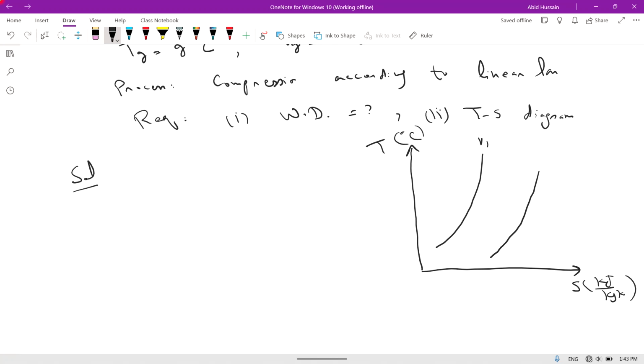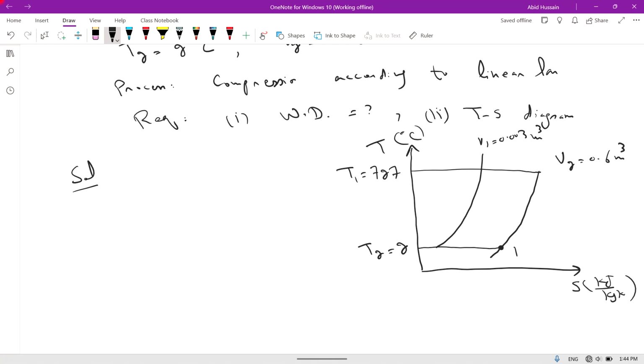V1 is 0.003 cubic meter and V2 is equal to 0.6 cubic meter. And the constant temperature line T1 is equal to 727 degrees centigrade, and T2 is equal to 2 degrees centigrade.